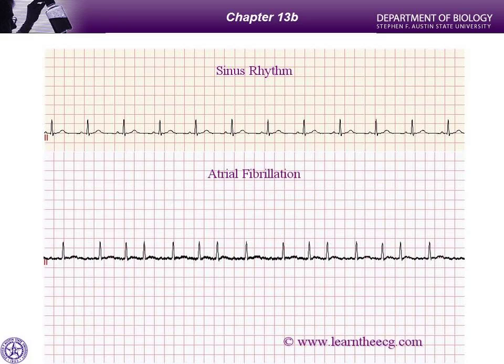AFib. You don't really want to leave someone in AFib all the time. Because as the atria is just quivering, you're going to be agitating the blood, including agitating the platelets and clotting factors. So if someone has AFib, they're probably going to be on some sort of beta blocker to try to stabilize the rhythm so that you can't go that fast.